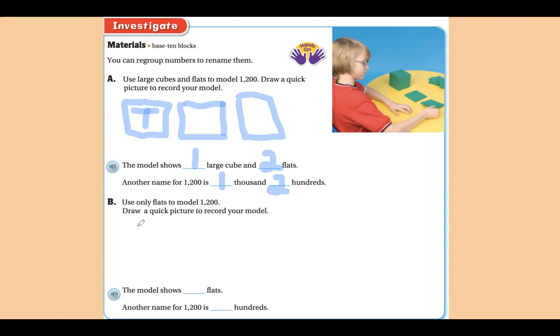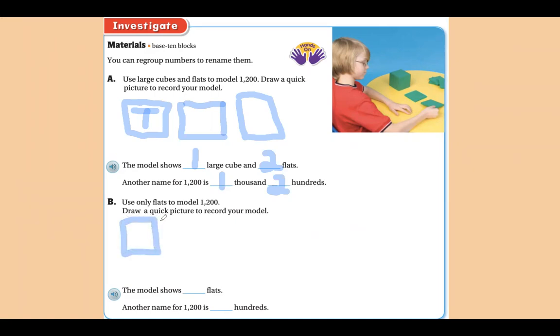All right, so use only flats to model 1,200. If I were to break up this 1,000 cube, this is the regrouping. I'm going to regroup the 1,000 cube into hundreds. So how many hundreds are in 1,000? Do you guys remember? It's always base 10, right? So 10 hundreds make 1,000.